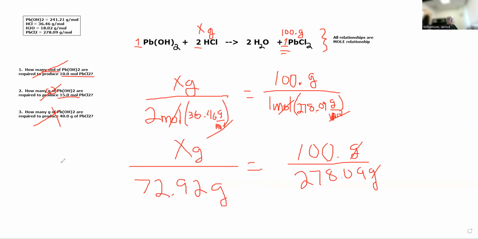I'm going to multiply both sides by 72.92, just like you're supposed to do in algebra. 72.92 grams. That way this crosses with that.